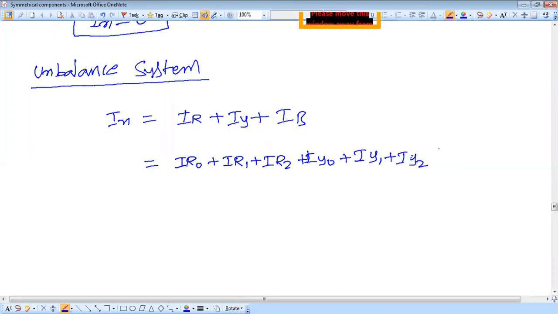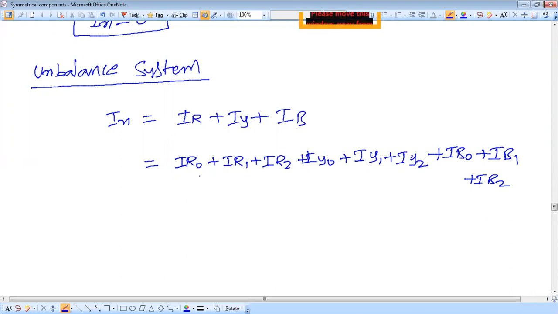Similarly, IB can be represented by three components, that is IB0 plus IB1 plus IB2.